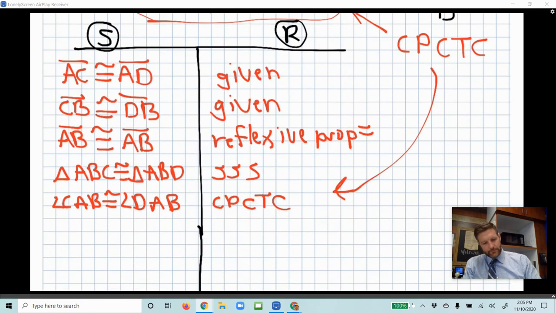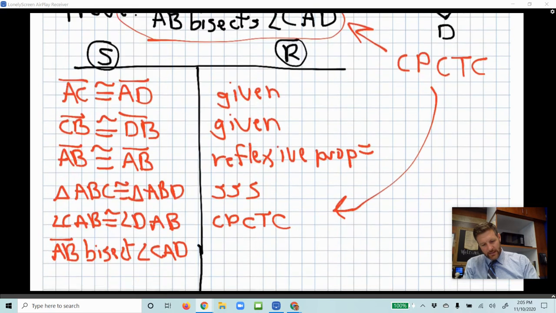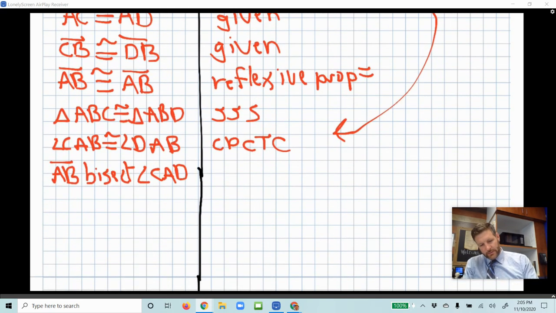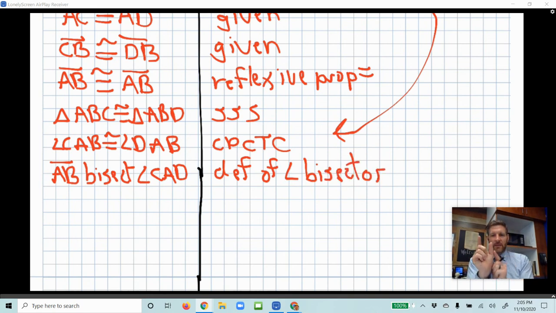Therefore I can say that line AB must bisect angle CAD. Is that right? Did I name it right? Yes, CAD. And how do I know that? By definition, the same reason we do it in reverse: the definition of an angle bisector. If each angle is congruent on either side, then that line must be bisecting it in half.